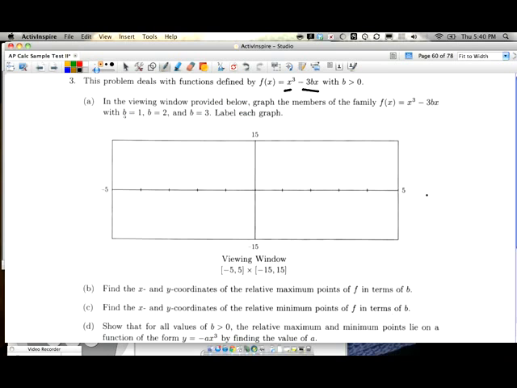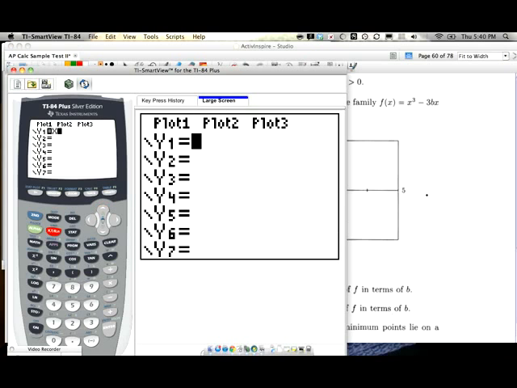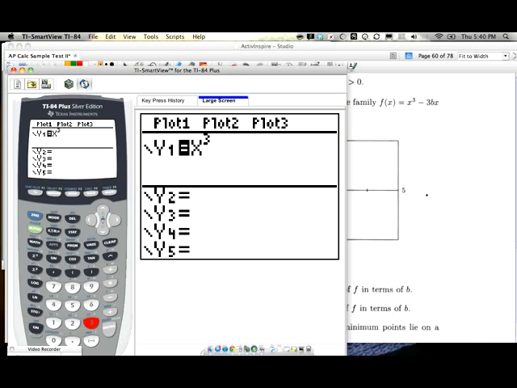So we want to say b equals 1, b equals 2, and b equals 3. So we're going to have 3 different functions here. It's going to be x to the third power minus 3 times, in this case, 1, x.